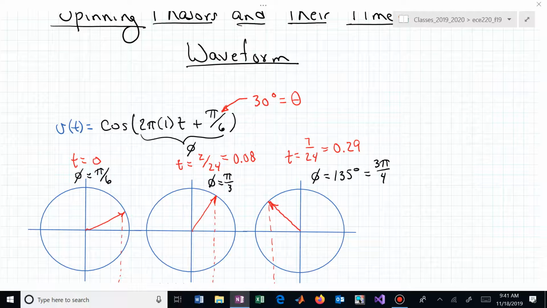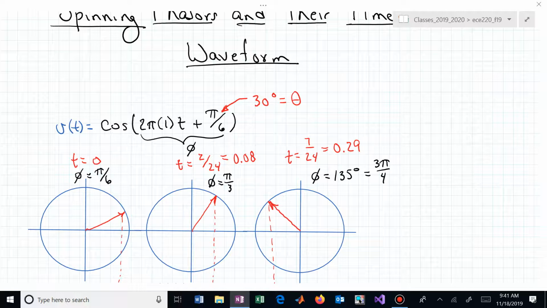So at t equal to 0, if we needed to draw the phasor of that cosine time domain waveform, we would just have this length of one vector at 30 degrees. That's at t equals 0. And now I'm just sequencing through time. I'm marching time in the argument of that cosine, and at time equal to 2 over 24, or approximately 0.08 seconds, the argument has now changed to 60 degrees, pi over 3.